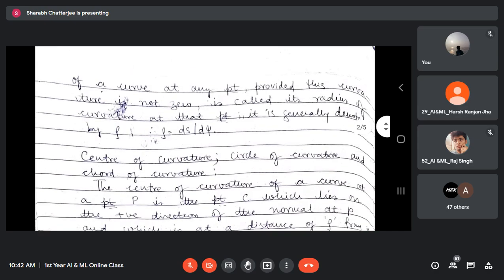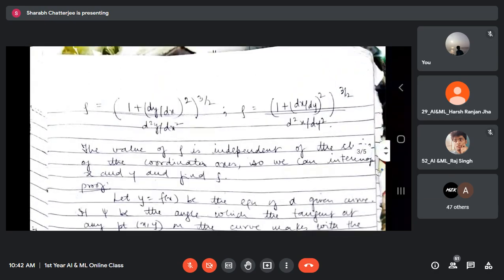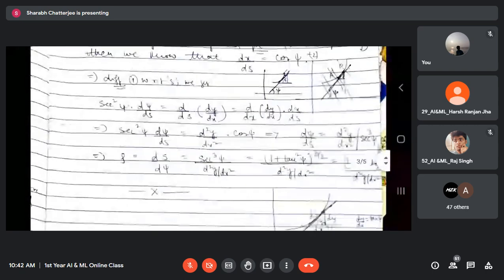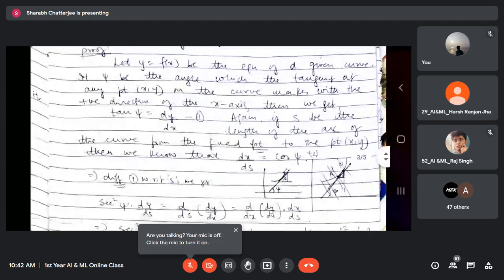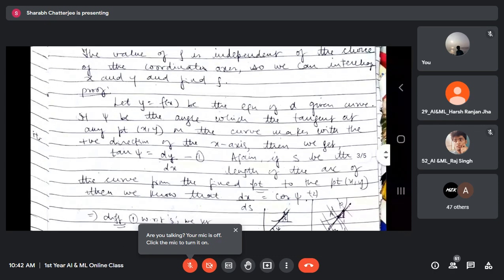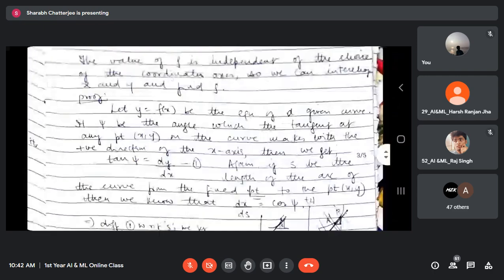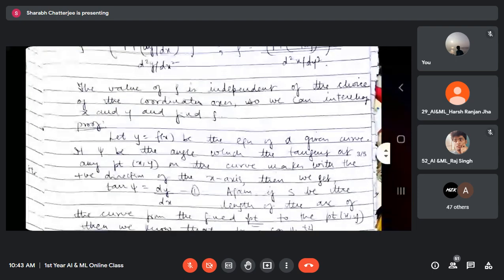Before that, the curvature is given by this formula. We have proved it. The proof is here. We don't need the proof, but quickly we will see. This is the formula of curvature. Rho is equal to... This is the curve.